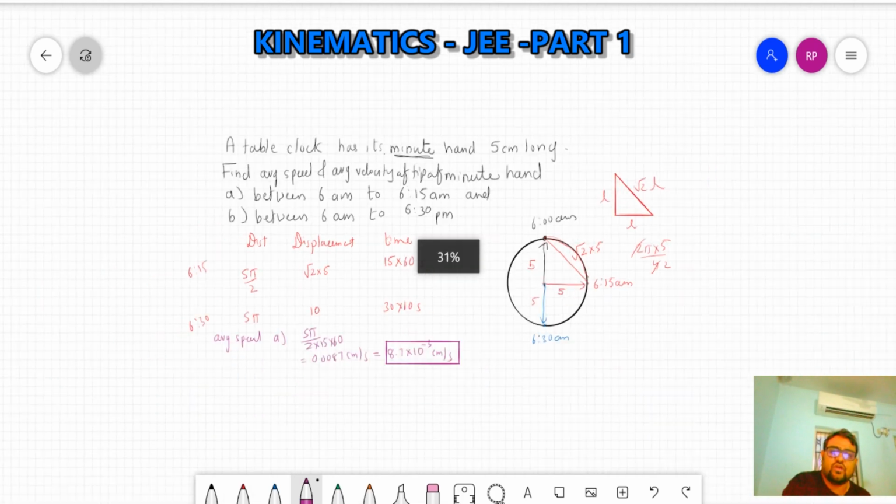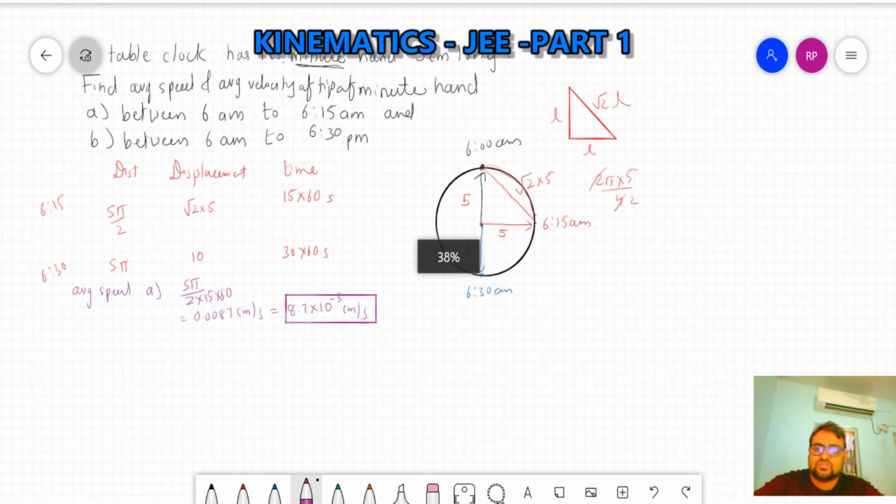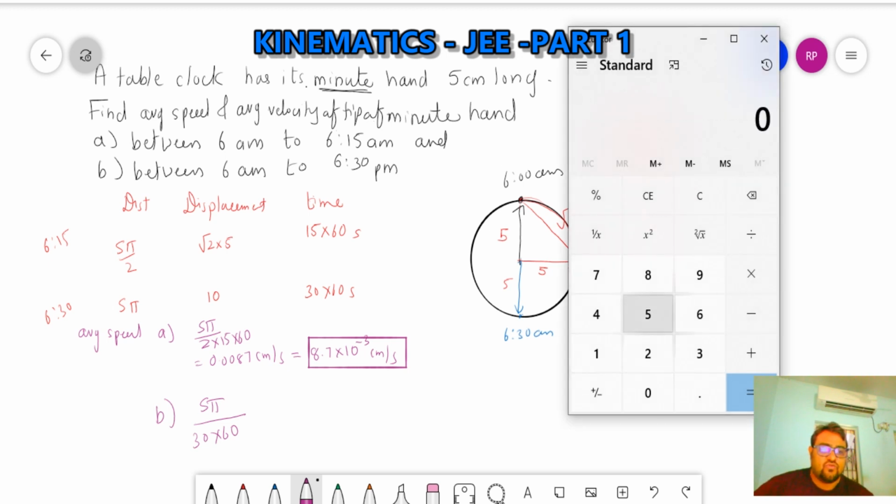Clear? Now for average speed of B. Okay, 5 pi upon time. Now it's 30 into 60. So if I take out the calculator, 5 into 3.14 divided by 30 divided by 60.